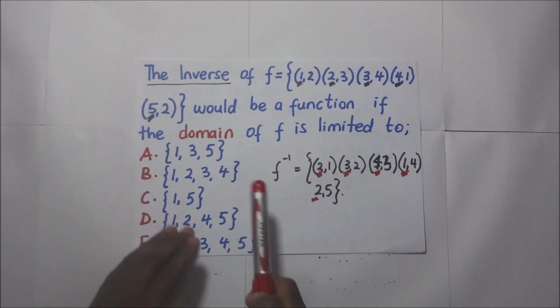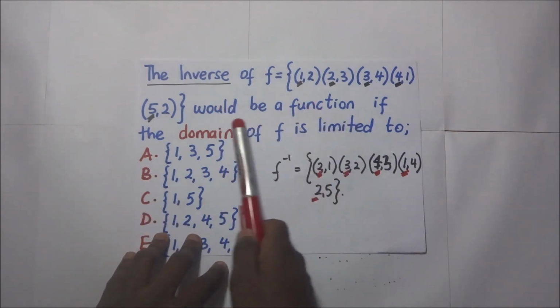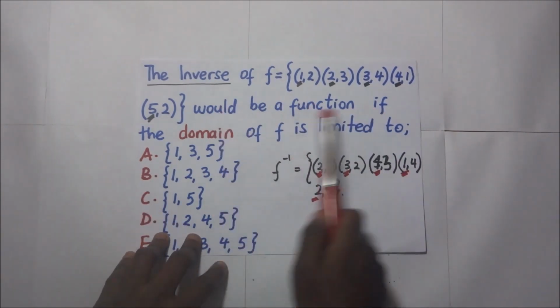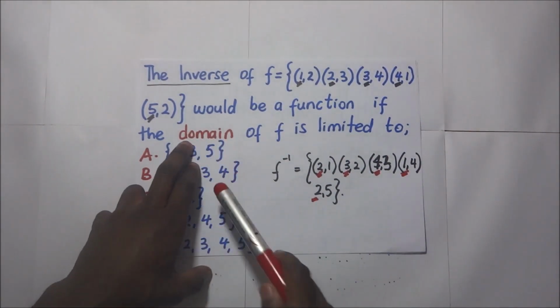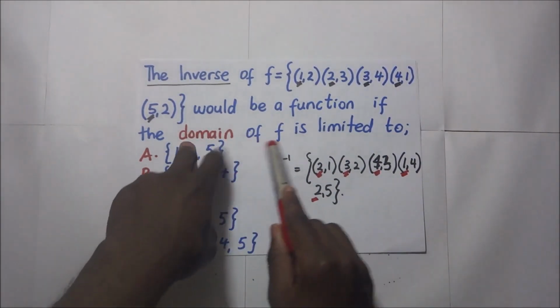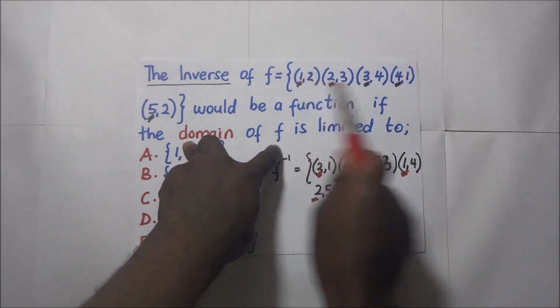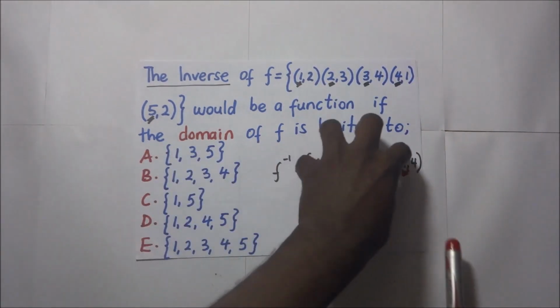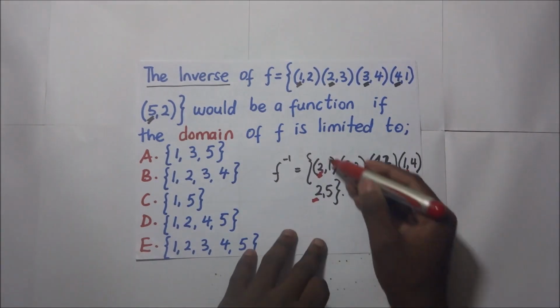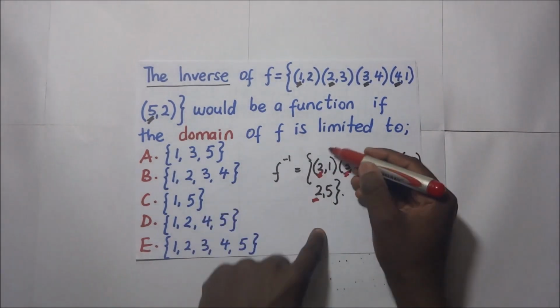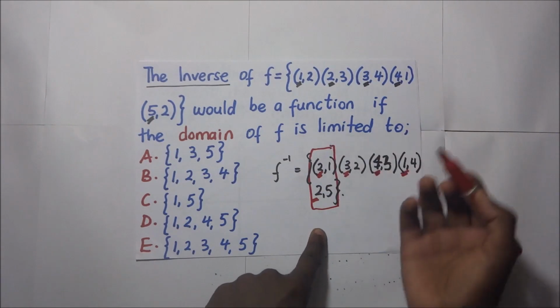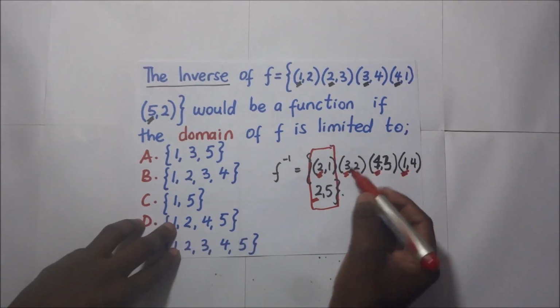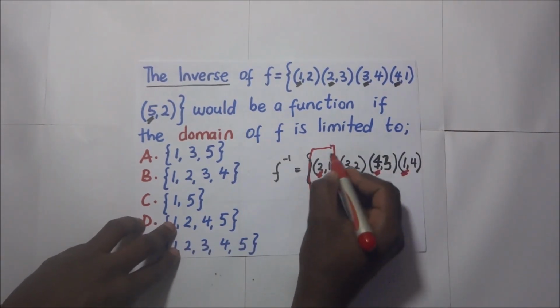The question is that this inverse would be a function if the domain, that means the values of x of f, are limited to this. So one of these two has to be eliminated.